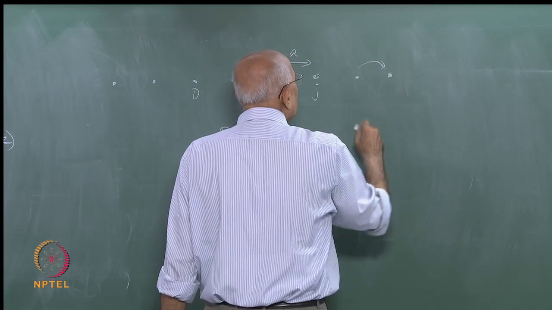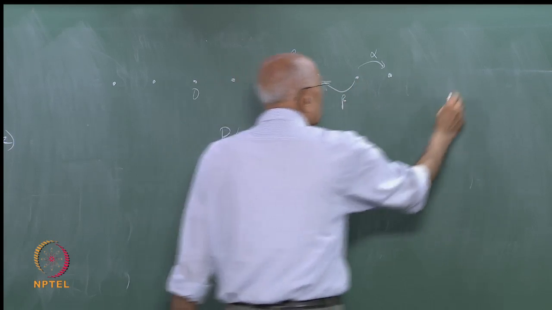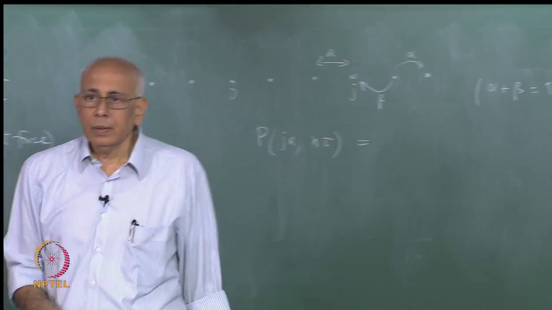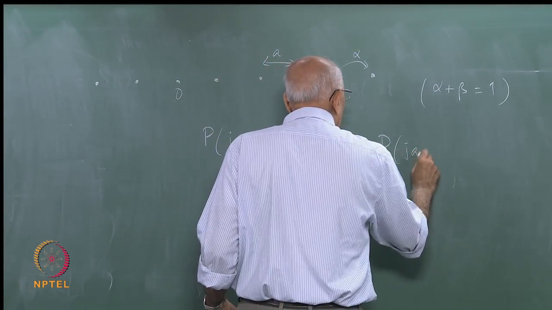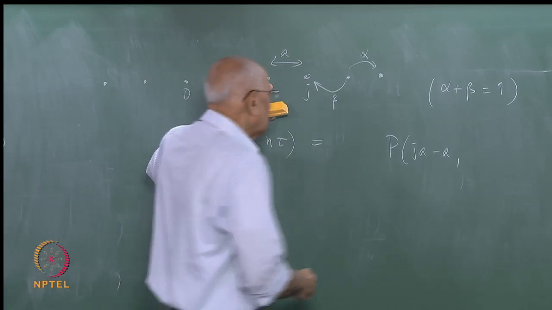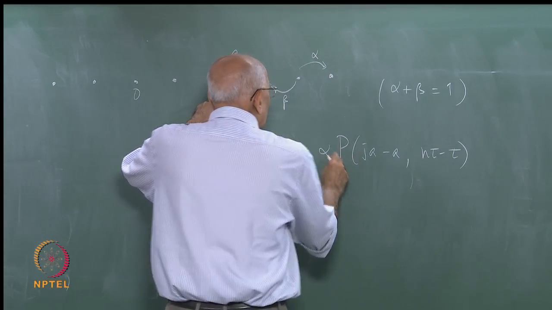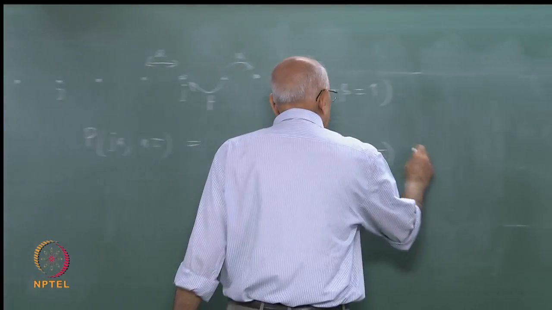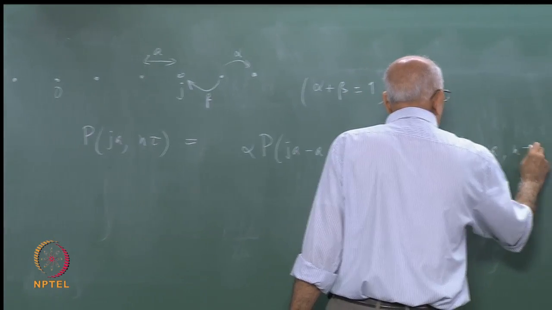So if the probability of a jump to the right is alpha and that to the left is some number beta, such that alpha plus beta is equal to 1, okay, then clearly he should have arrived at ja minus a at this point in the previous time step, so at time n tau minus tau, and then with probability alpha he jumps to the right to get to this point, plus beta times P of ja plus a at n tau minus tau.